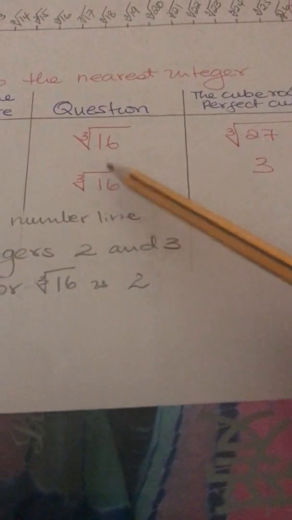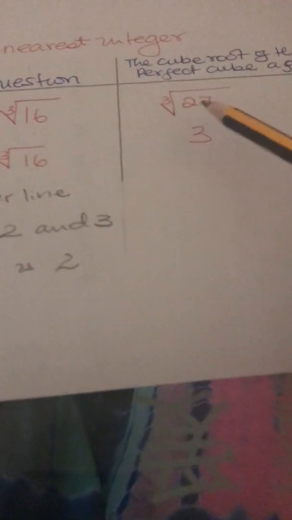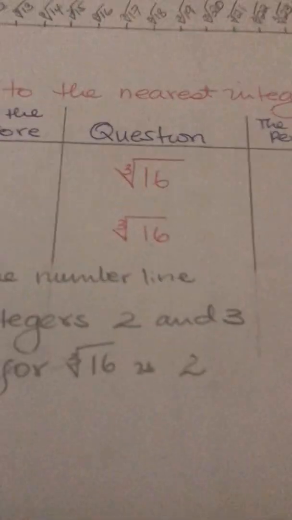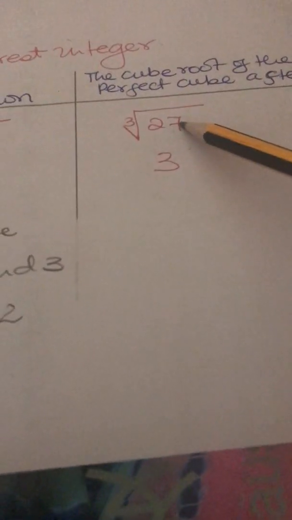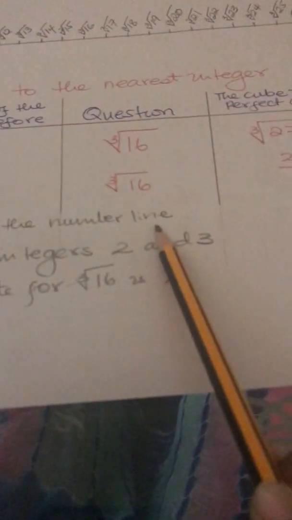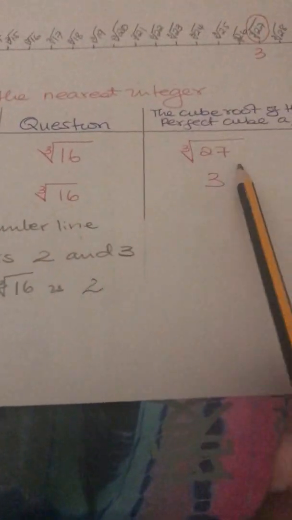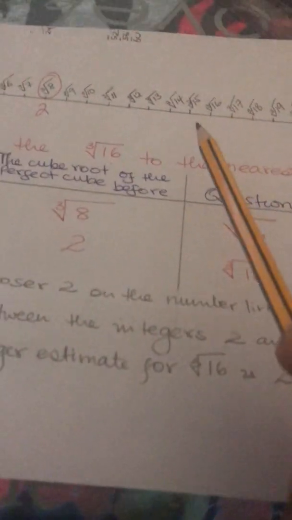The cube root of 16 will just remain like that because we don't have 3 same numbers that when we multiply will give us 16. And then the cube root of 27 is 3, okay? So I will say the cube root of 16 is closer to 2 on the number line. 16 is closer to 8 than it is to 27, okay?